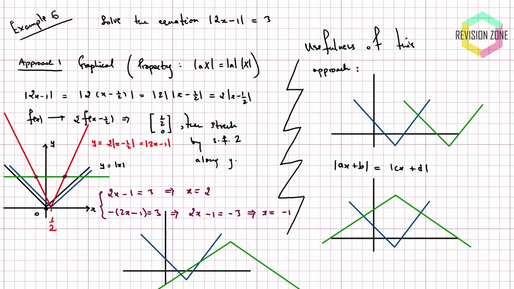What I'm trying to say is as follows. Imagine that we wanted to solve these two modulus functions simultaneously. Graphically, we can see that there's only going to be one solution, okay? But the point is, this has two branches, and that has two branches.